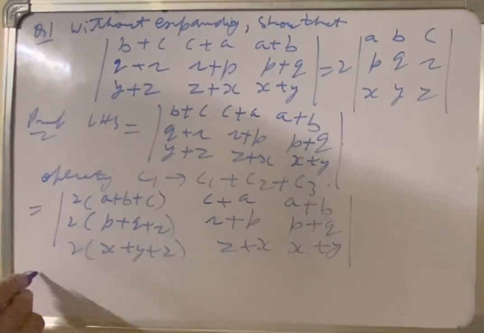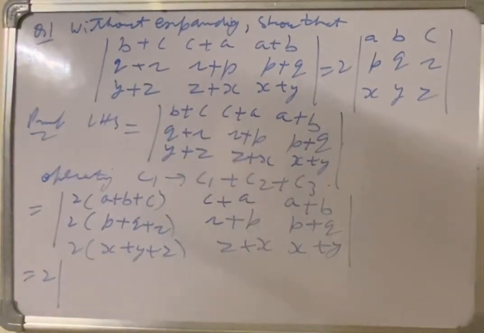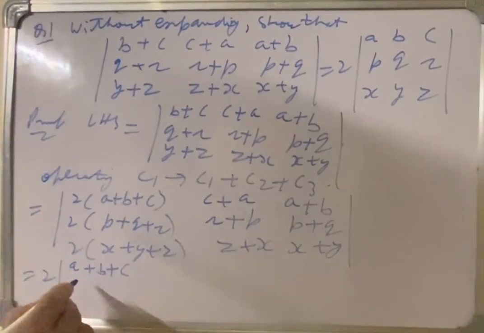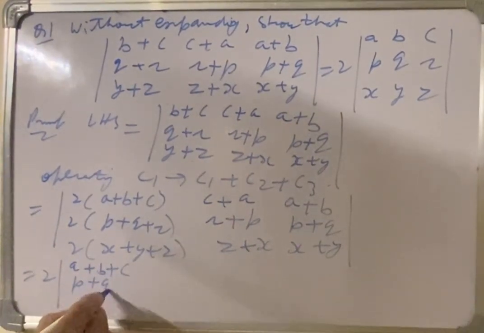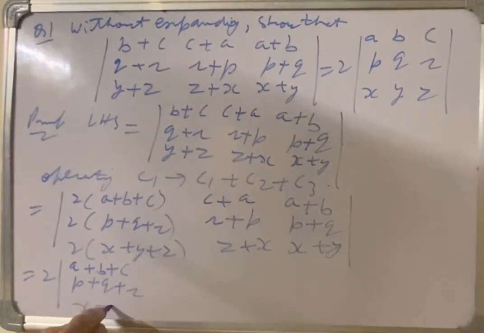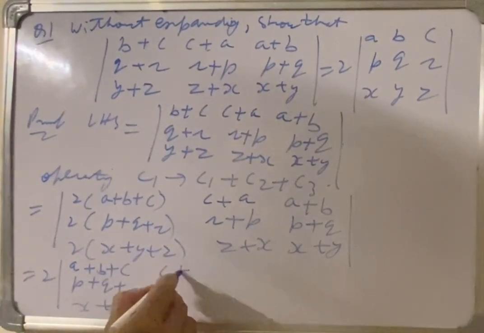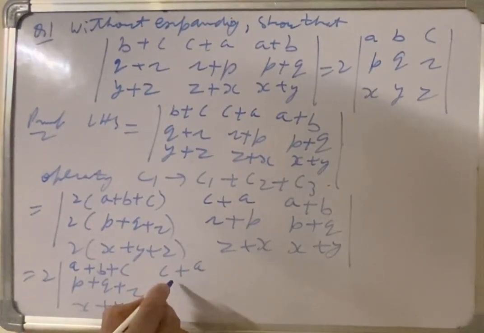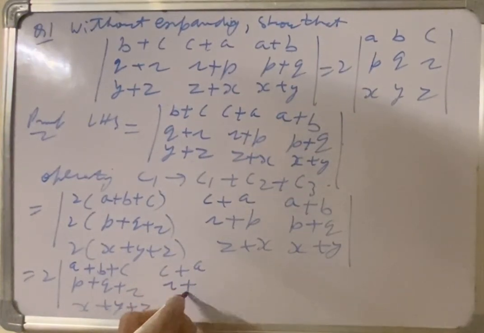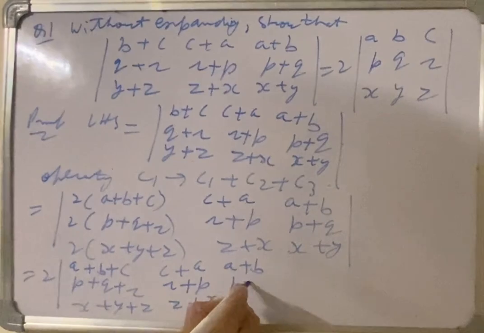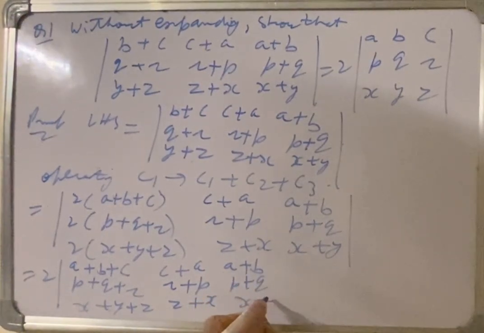Taking 2 common from the first column: a plus b plus c, p plus q plus r, x plus y plus z. Second column is c plus a, r plus p, z plus x. Third column is a plus b, p plus q, x plus y.